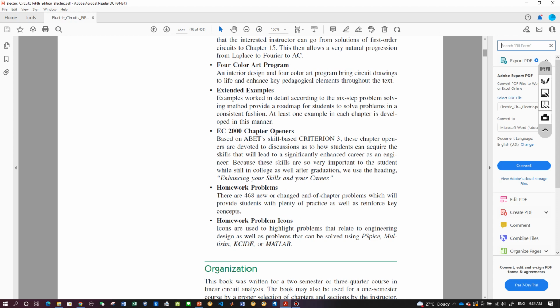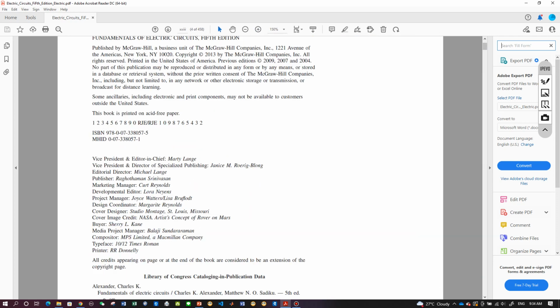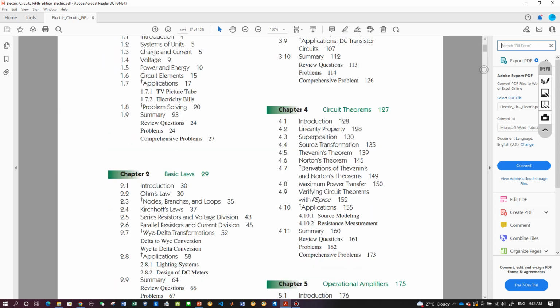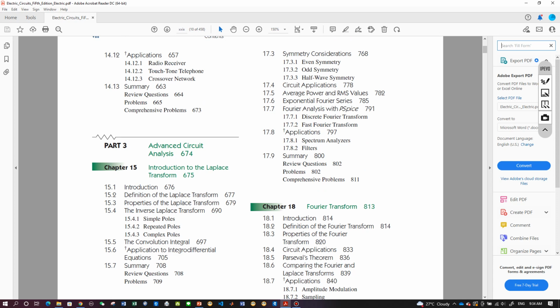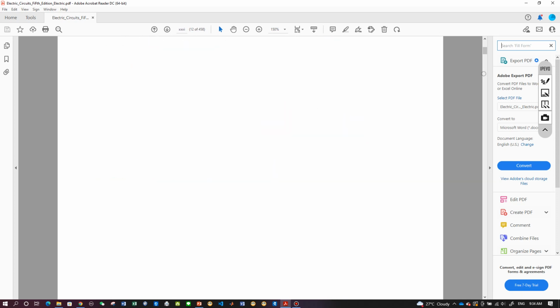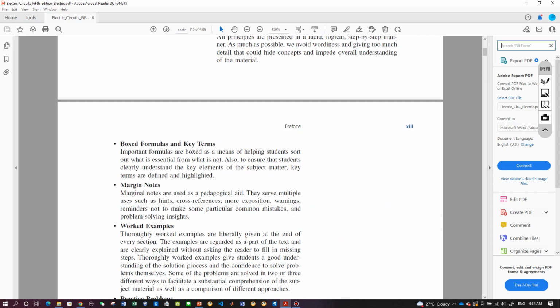So you can see in each chapter, here, Chapter 1, there's a preface. The learner tells you, but I think it is fun.